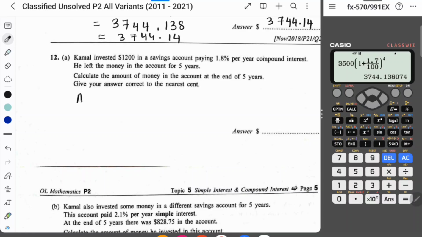So same thing, amount is equal to P times 1 plus R over 100 to the power of n. So just use the calculator and find your answer.